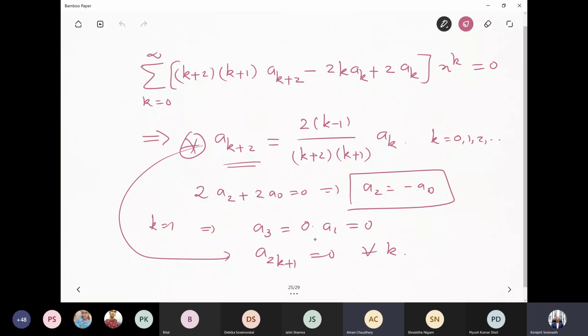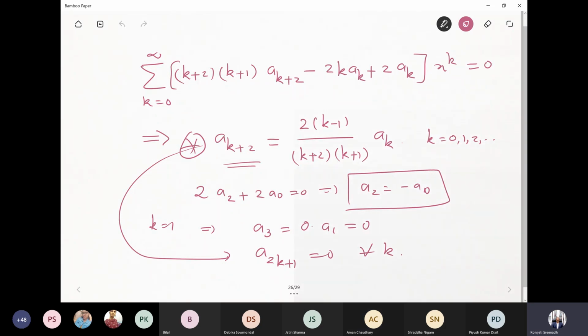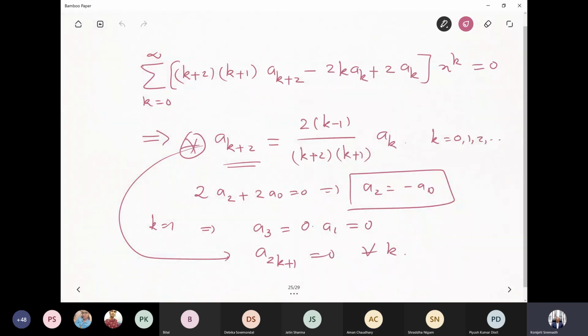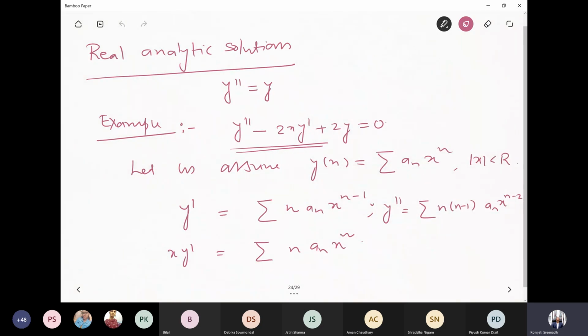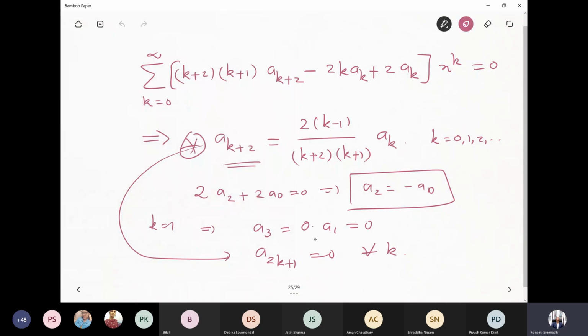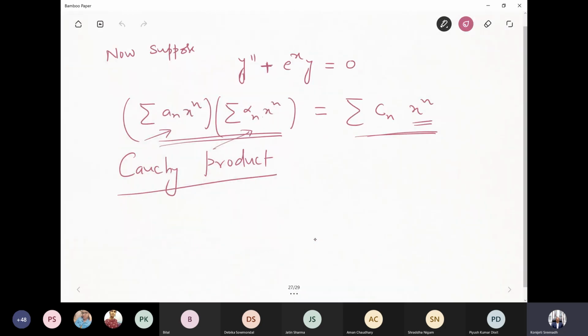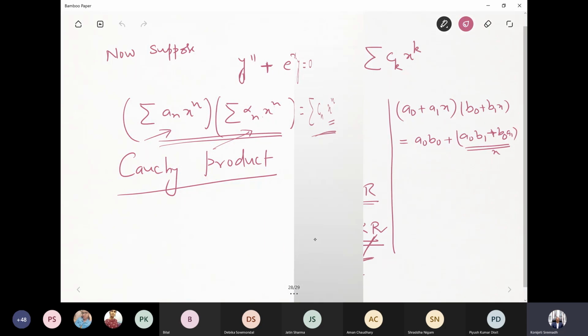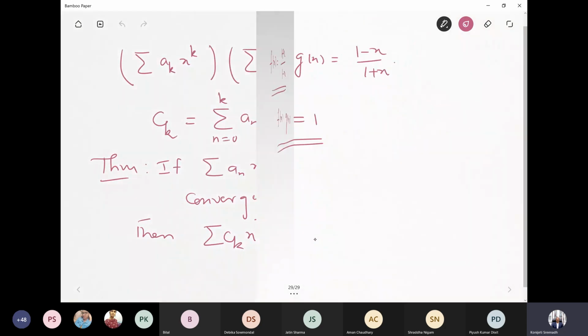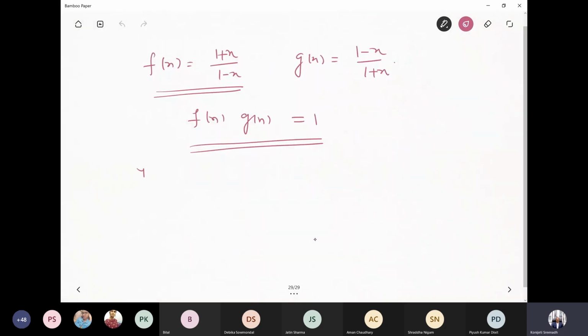Oh, so, I thought you people know the technique of adjusting the terms. So let me tell you how to do that. You have here the y double prime. So if I take y, which is the sum an x power n, I write y prime as the sum n an x power n minus 1.